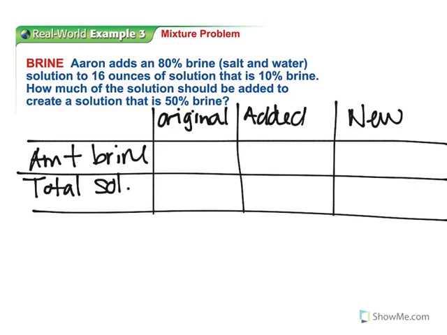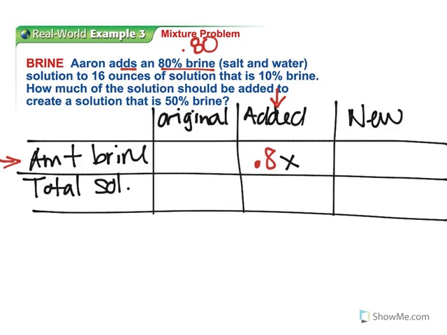Alright, so let's actually pick out the pieces of information. It says Aaron adds 80% brine. Okay, so that's going to go in this added column with the amount of brine. And 80% is actually going to be written as 0.80. So we added 0.80.